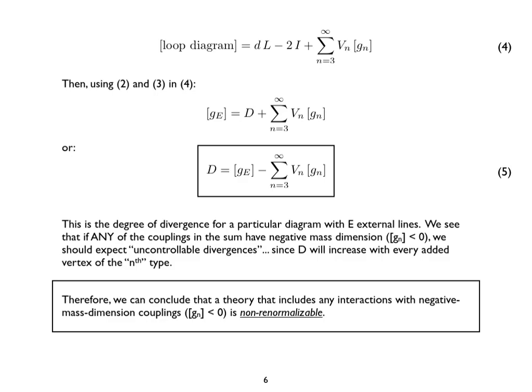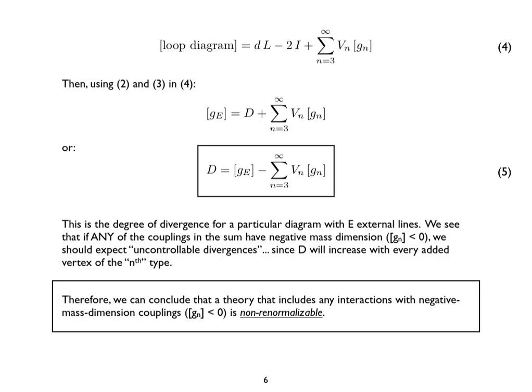Anytime you have that case, you're going to get these uncontrollable divergences. You're going to get cases where you have to keep adding more and more counterterms to cancel off these divergences. It's just because this factor of D increases with every added vertex of the nth type.